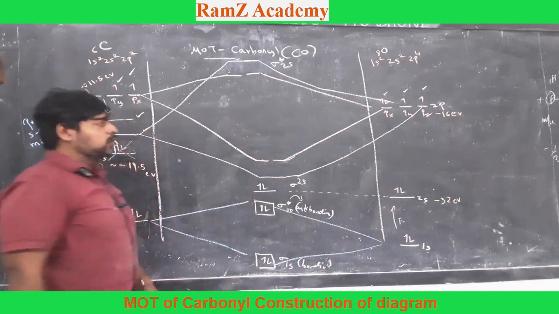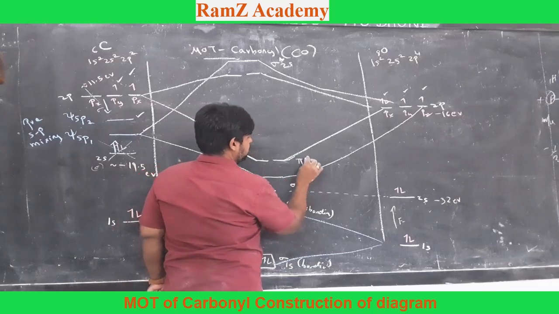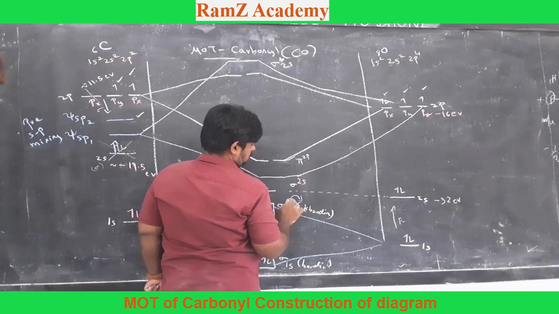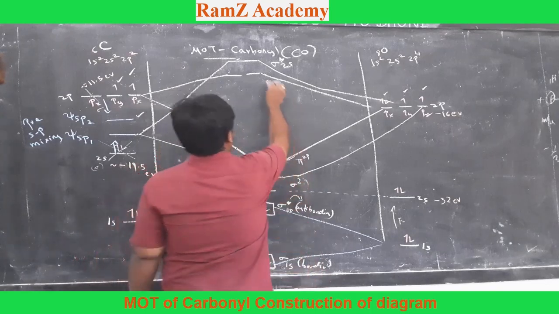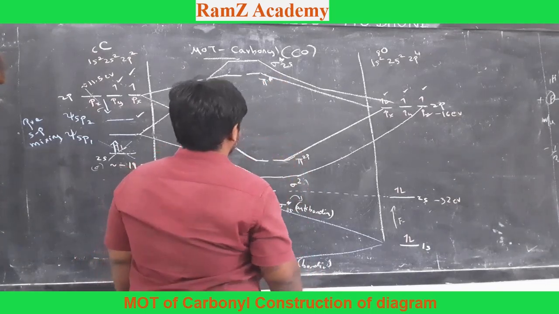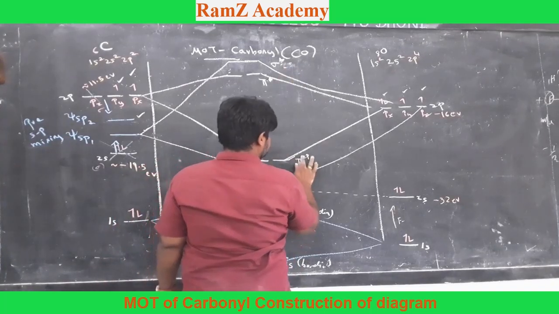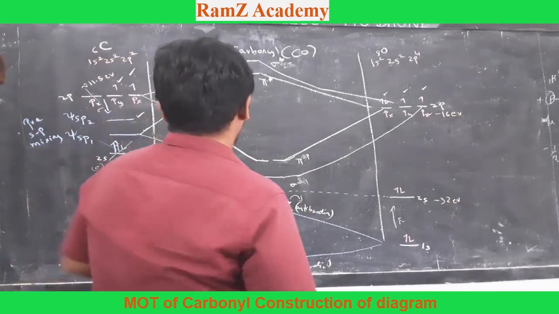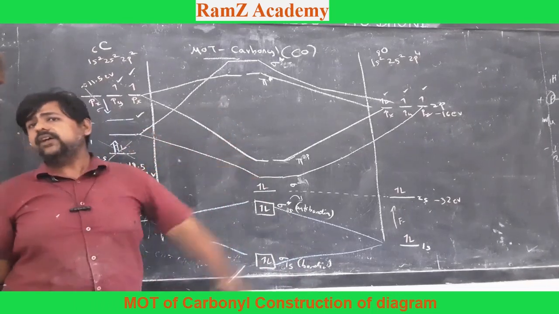So you notice that you have a pi, that means this is your pi 2p, sorry, this is sigma 2p, and this is your pi star. I would like to skip writing 2s or 2p because the indexing becomes a bit tough when you are addressing a polyatomic molecular orbital.